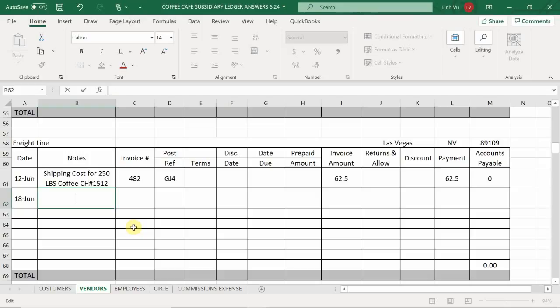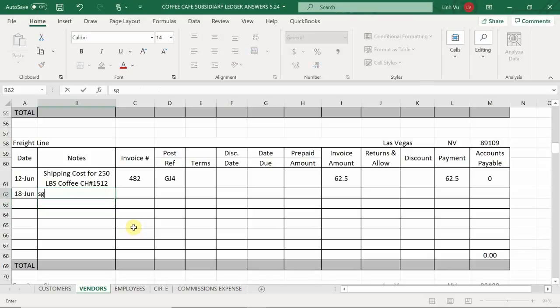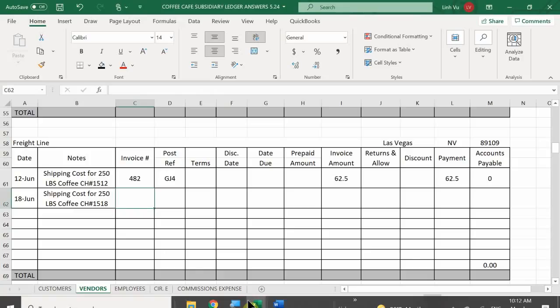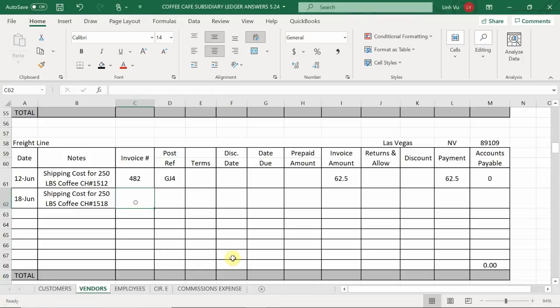I have to, because I didn't write check number 1512. I wrote 1518. Okay. What was the invoice number? 516. Good. 516.